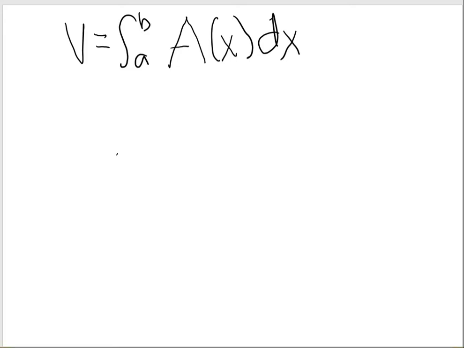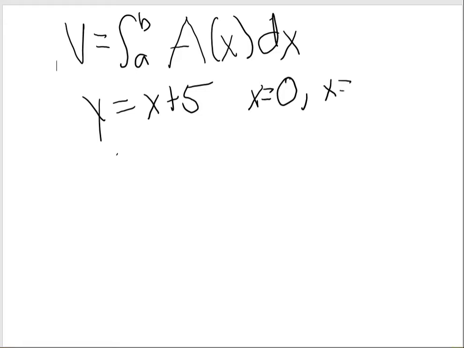Okay, so before we were having situations where we might have some sort of function, like y equals x plus 5. And then we would have other information like that our bounds would be, say, 0 and 2.